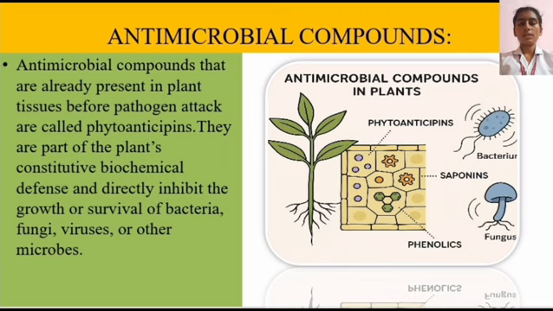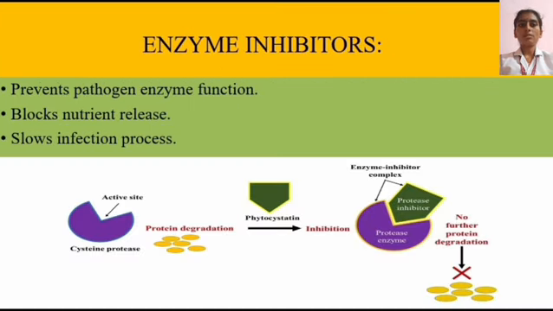Antimicrobial compounds. These are chemicals made by plants that directly kill or stop the growth of pathogens like bacteria, fungi, etc. For example, phenolic compounds, cyanogenic glycosides and saponins are examples of antimicrobial compounds. Enzyme inhibitors.